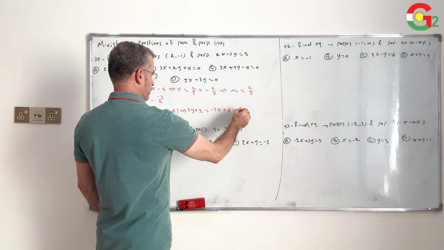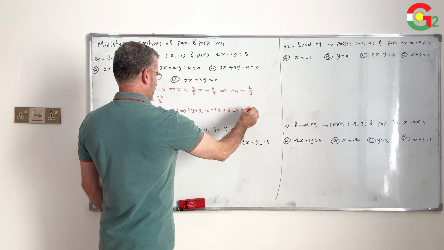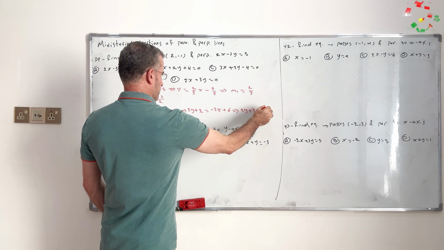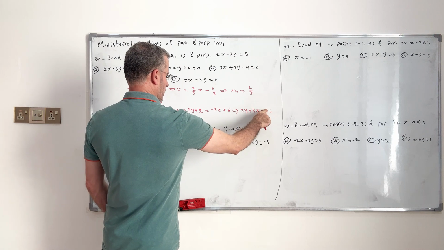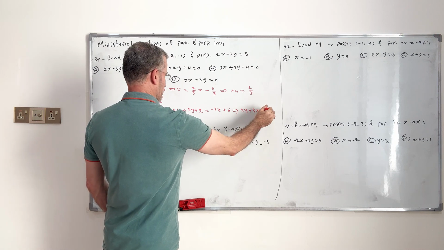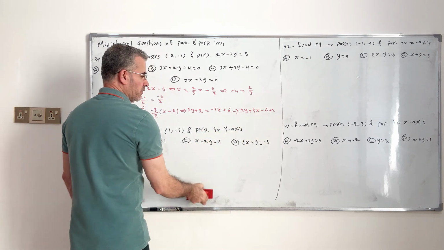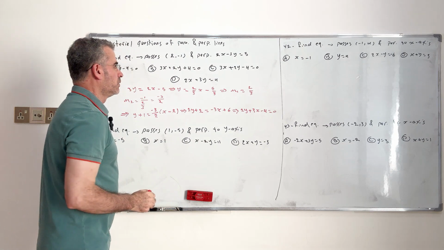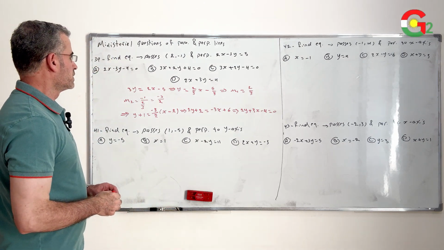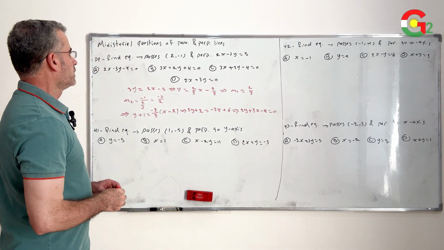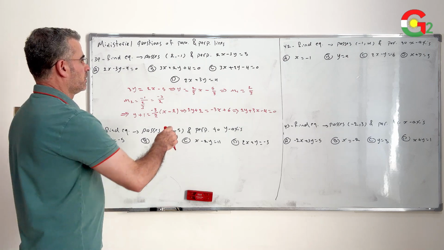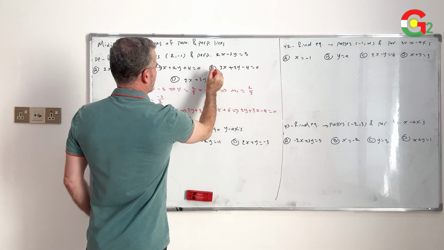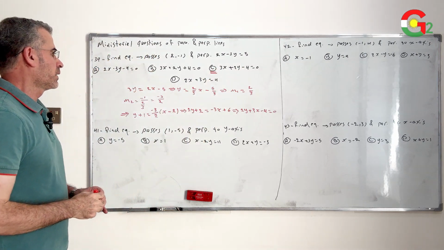It will be 2y + 3x - 4 = -6 + 2, which is -4... equal to 0. Which is the right choice? It is 3x + 2y - 4 = 0. Choice number C.